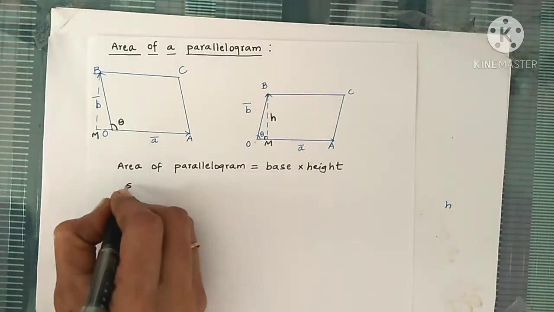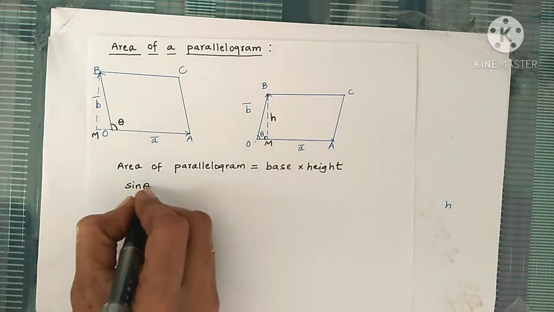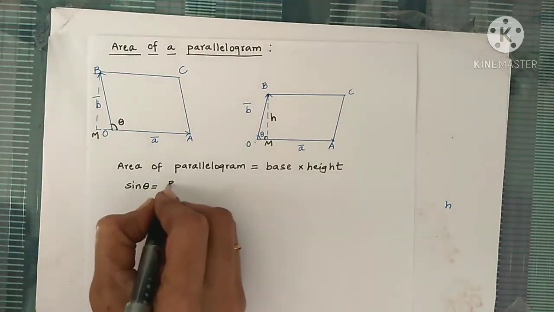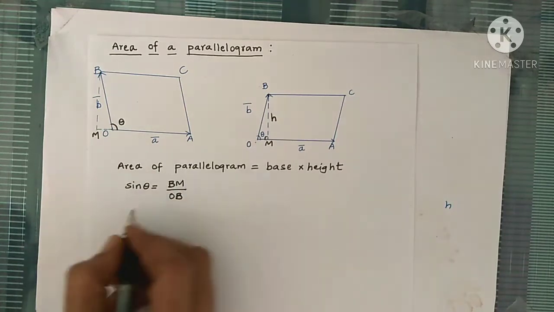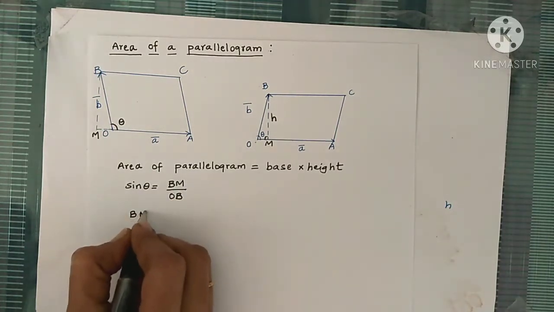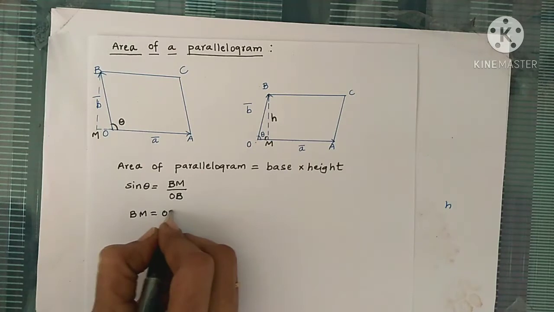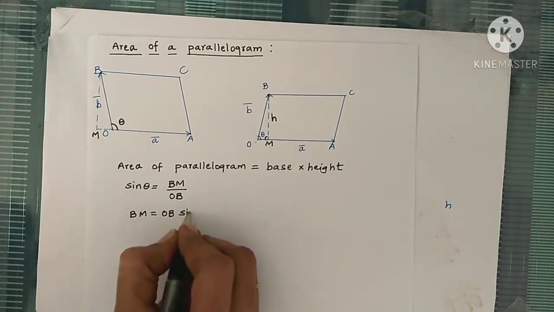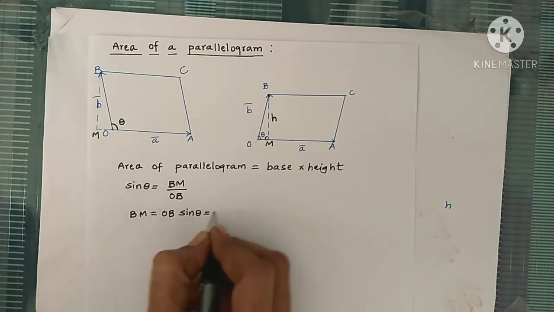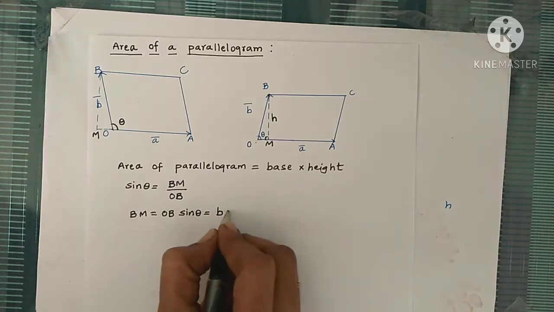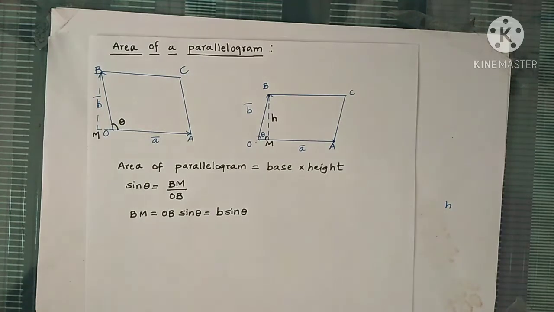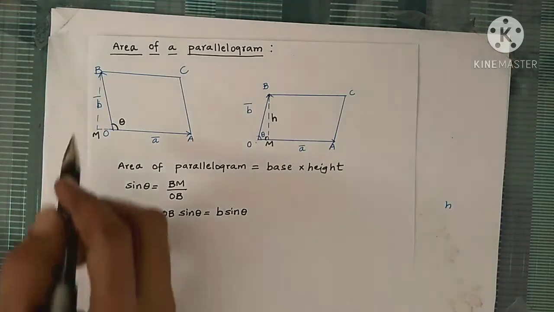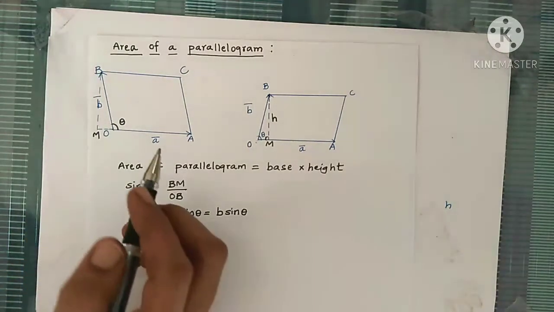So sine theta equal to BM upon OB, so BM is equal to OB sine theta. Now OB bar is B bar, so for OB we can write small letter b. So this height is b sine theta. In this diagram also the height is b sine theta.